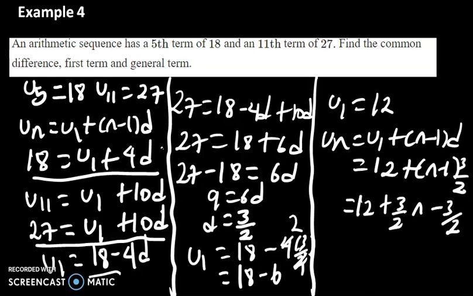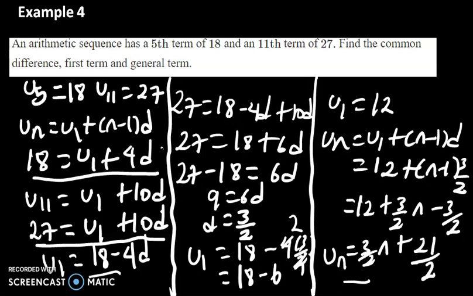To bring like terms together, 3 over 2 n plus 12 minus 3 over 2, that's 24 minus 3, which is 21 over 2. See what you got? Let me know in the comment section. So this is the general term.